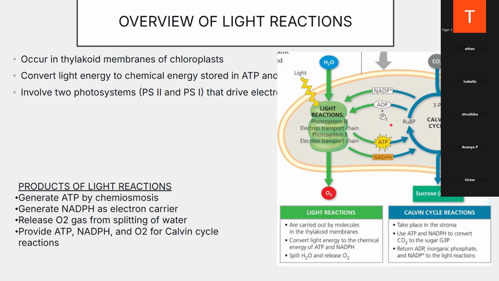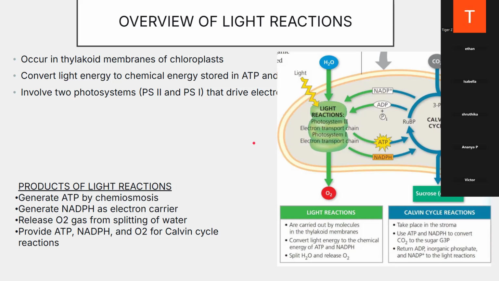So the light reactions involve two different photosystems, photosystems one and two. Photosystem two is actually first, which is kind of weird, but they were named in the order of discovery. Photosystem one was discovered before photosystem two, even though the order isn't that way. And these are basically just the pathways that go on in the light reactions to help split that water.